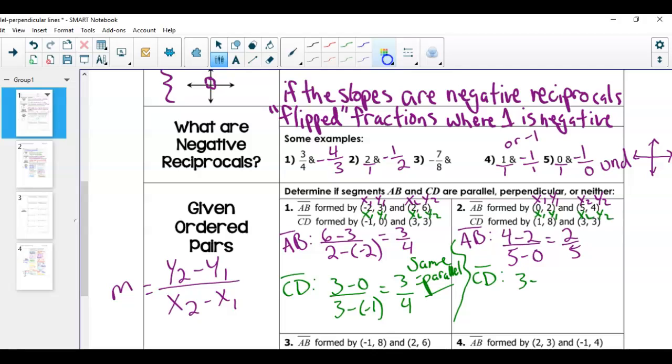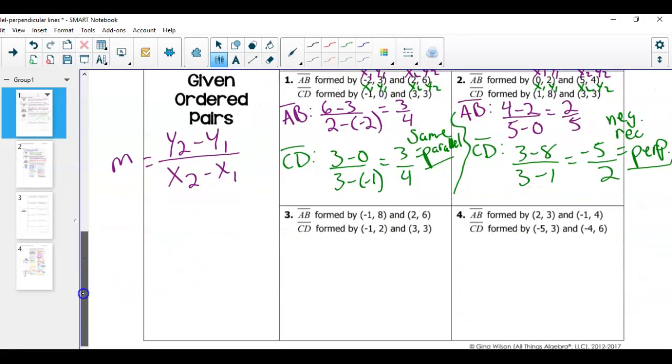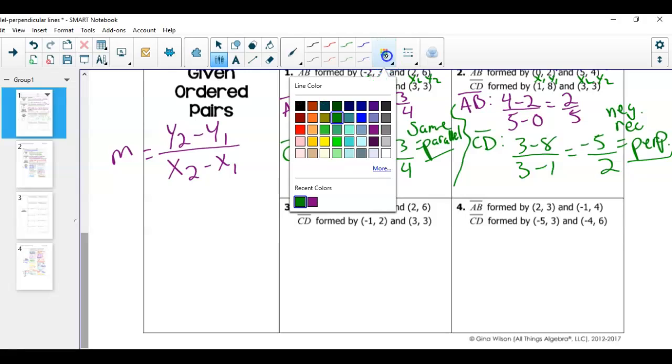That's going to be 3 minus 8 over 3 minus 1. So 3 minus 8 is negative 5. 3 minus 1 is 2. I see that these fractions are flipped. One is negative, one is positive. So these are negative reciprocals, which means this is perpendicular. I'm not going to spell that out because I ran out of space, but it is perpendicular. Let's try one more.